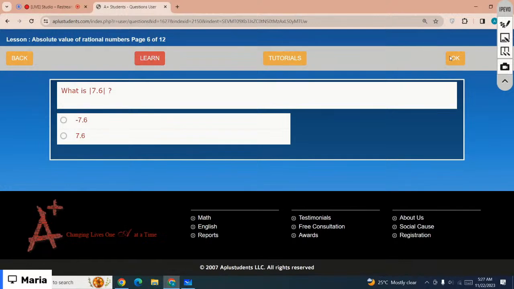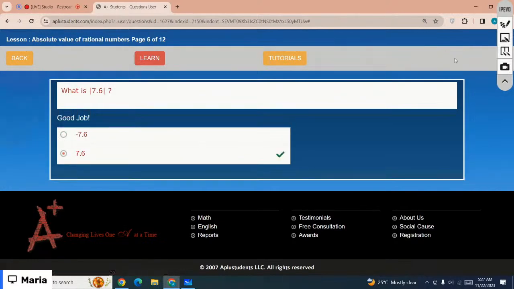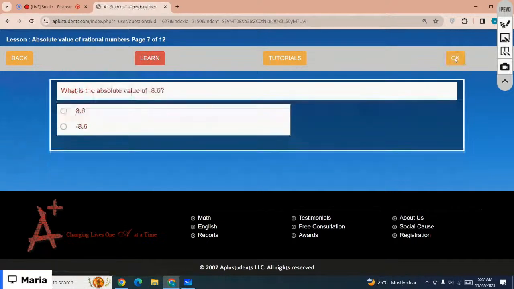The correct option is yes, that is also always a positive value, that is 7.6. What is the absolute value of negative 8.6? That is option number 1, 8.6 is the correct option.